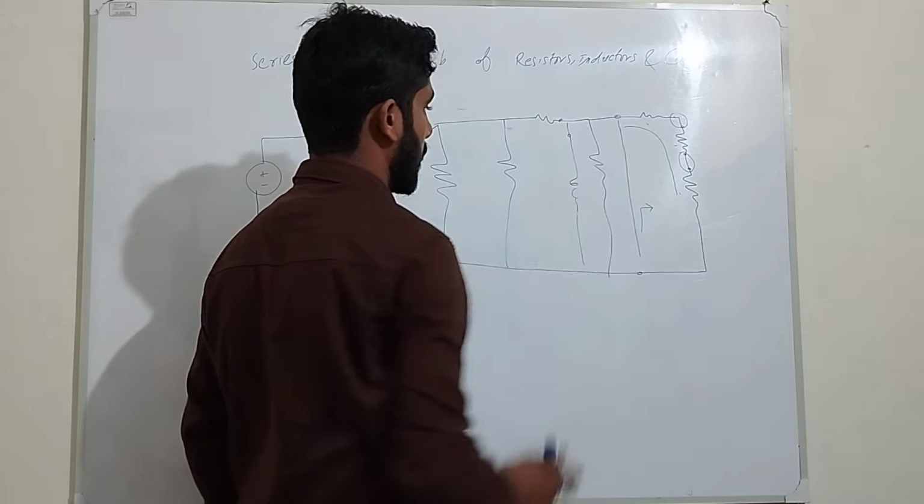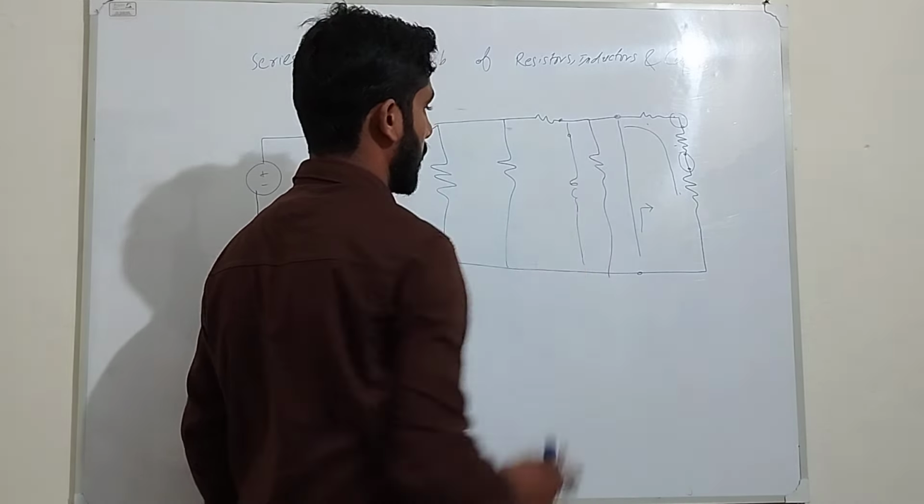See here, it is R1, R2, R3, R4, R5, R6, R7 and R8 with R9. Now how will we solve it? We will always solve from right to left, from the load end towards the source end.